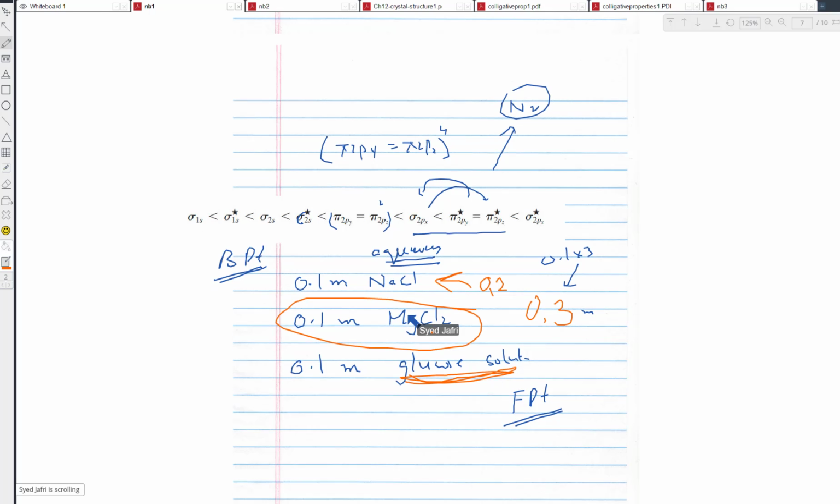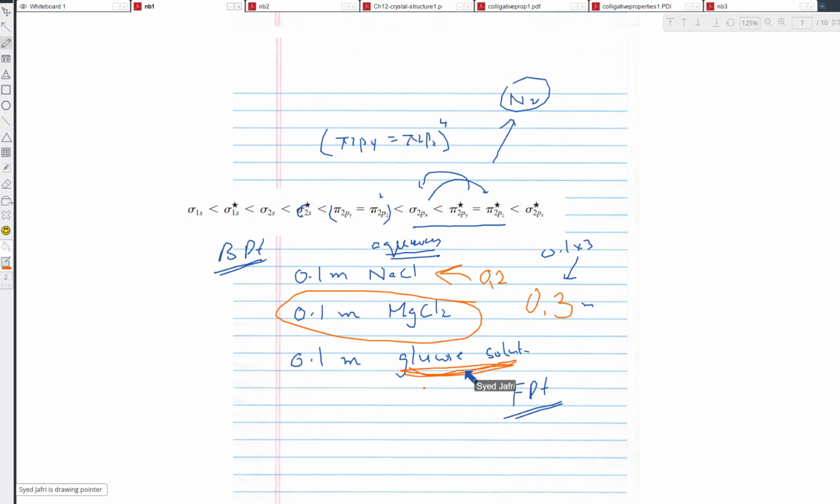Now, which one has the lowest vapor pressure in this case? Would it be glucose? No, the lowest is this one.